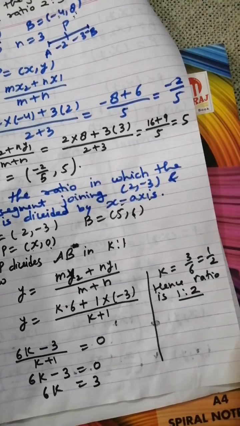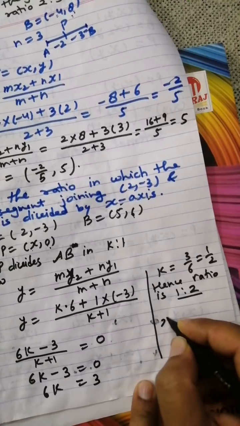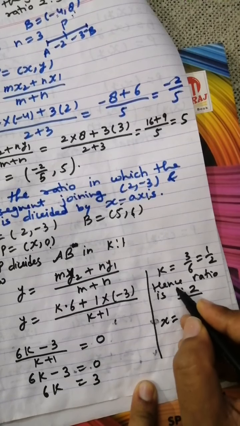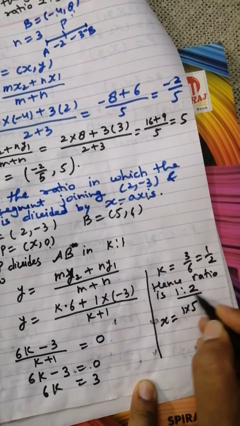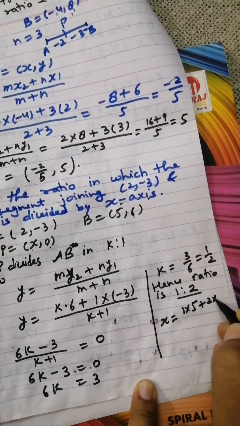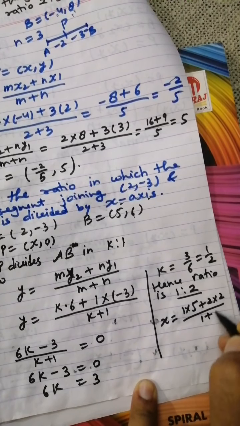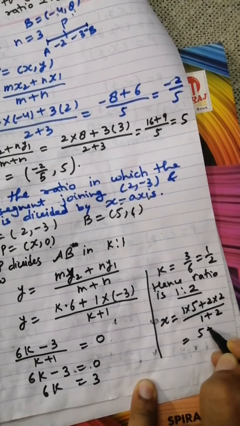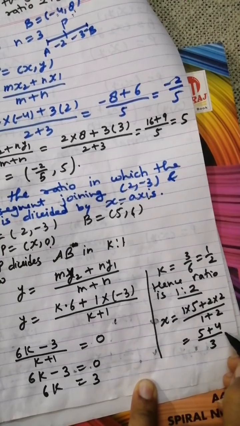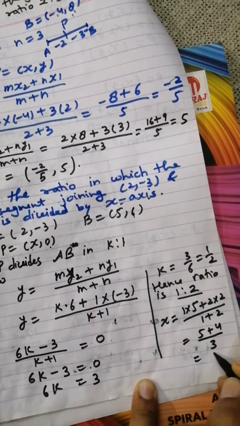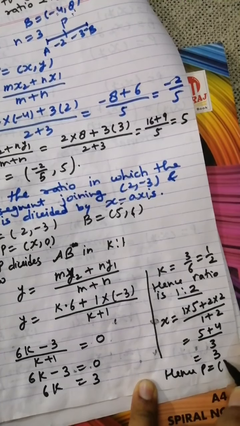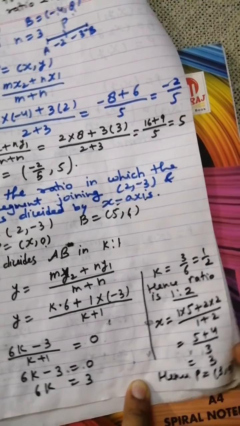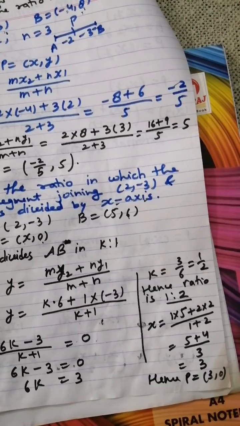But suppose we have to find x, so x equals m means 1, so 1 multiplied by 5, n means 2, plus 2 multiplied by 2, divided by 1 plus 2, so it will be 5 plus 4 is 9 upon 3, which means 3. Hence P equals 3 comma 0.